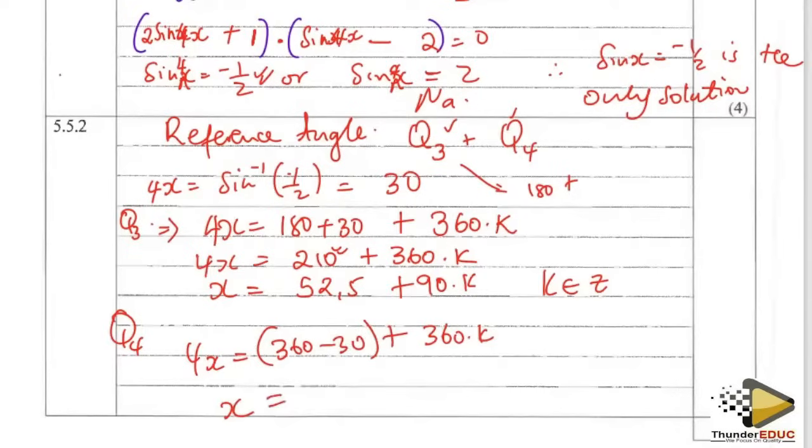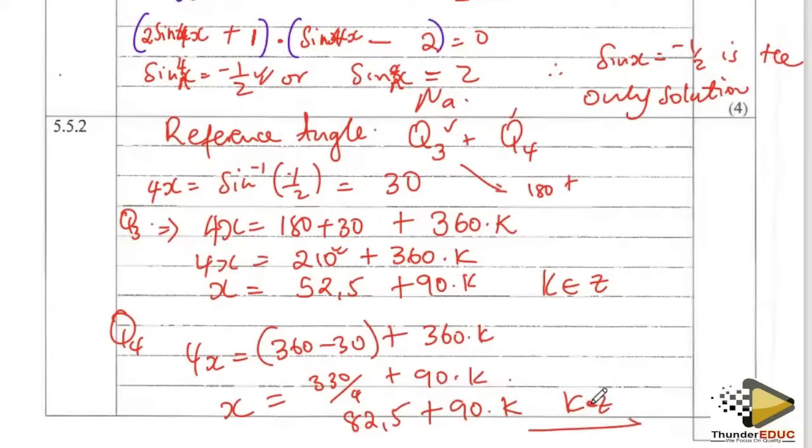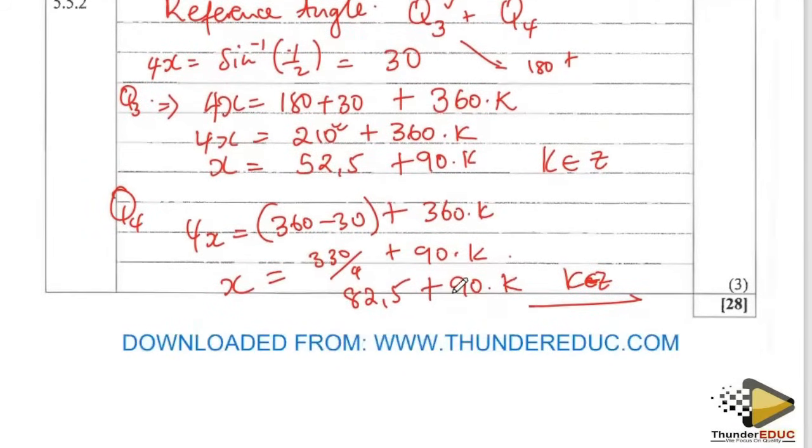I'll divide by 4. 330 divided by 4 is 82.5, plus 90 times k. k is an element of integers. An element of integers simply means you can replace k with the normal integers, negatives, positives, as well as the zero, to get our solutions.